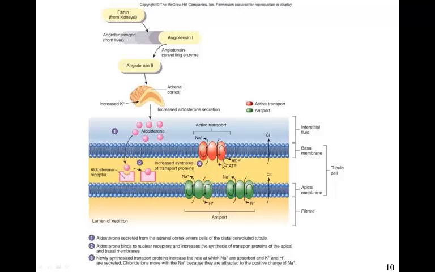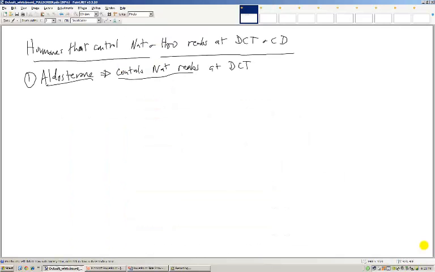The final result is that the cells of the DCT put more sodium transporters in their membrane. So an increase in aldosterone leads to increased sodium reabsorption at the DCT. So you can see the body actually can change the cells. When there's more aldosterone, it puts more transporters in the cells, and more sodium gets reabsorbed.